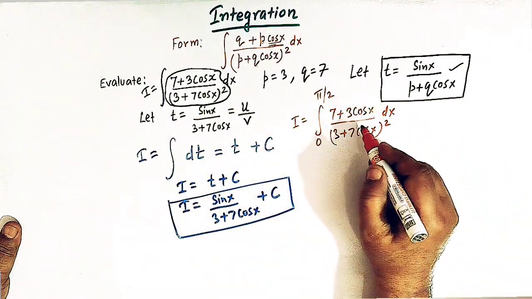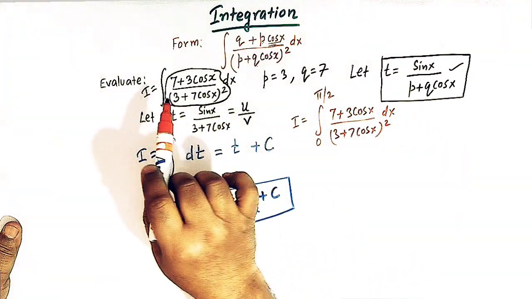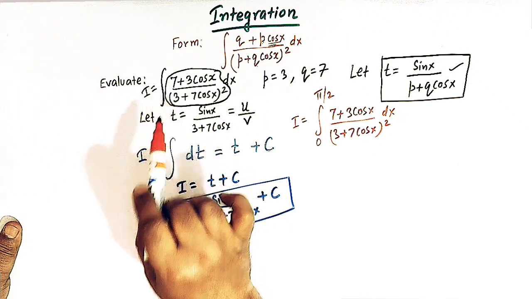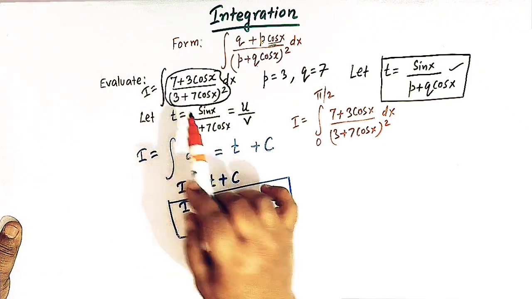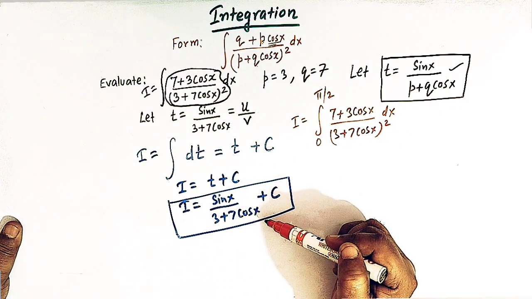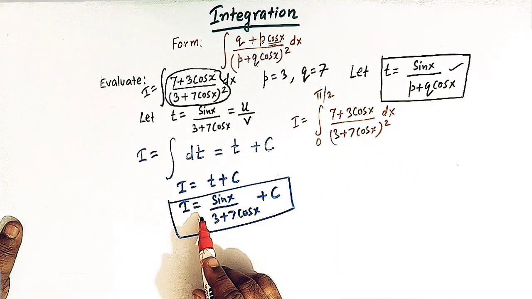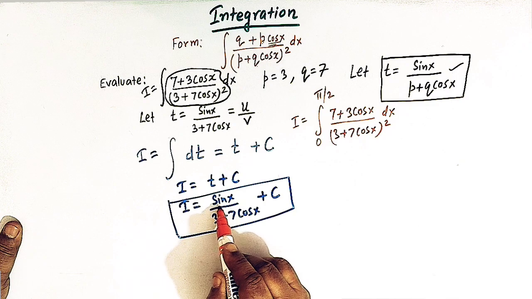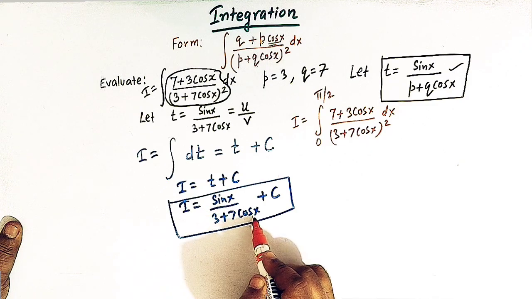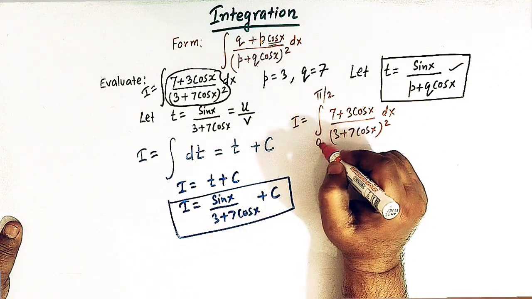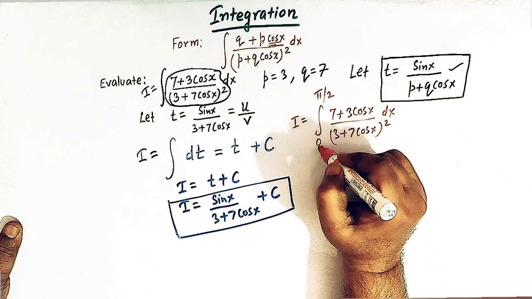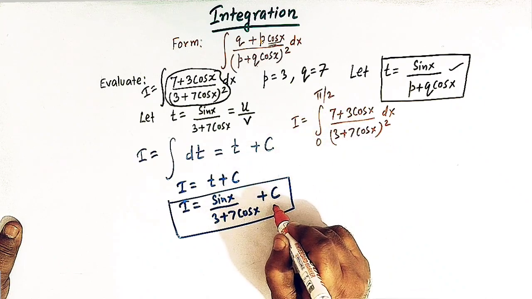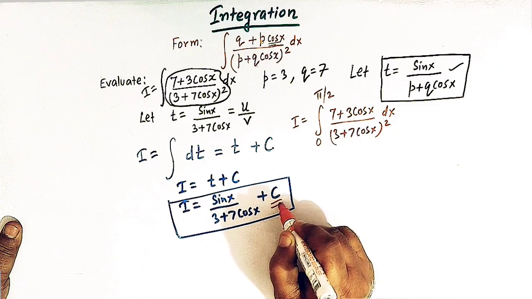So then what we will do, we'll first find out the indefinite integral of this function as we have discussed over here, right? And the indefinite integral is given by sine x over 3 plus 7 cos x plus c. So since here we have to evaluate the definite integral, we'll omit this constant of integration.